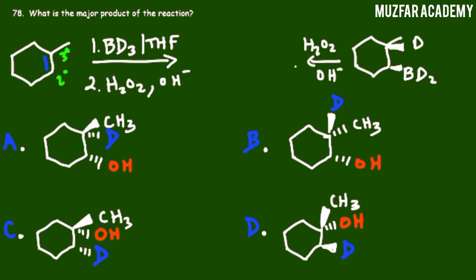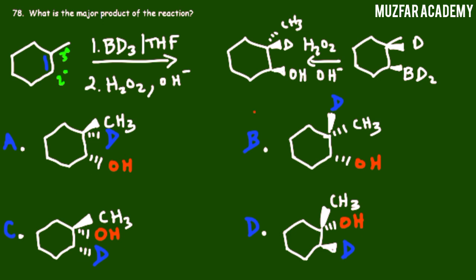It's important to know that in the event that you have D2O2, then this group will be OD instead of OH. So the OH group and deuterium are going to be on the same side, syn addition, which means methyl has to be on the other side.